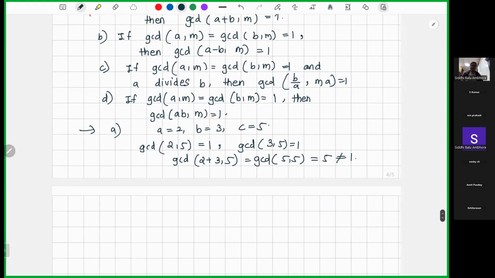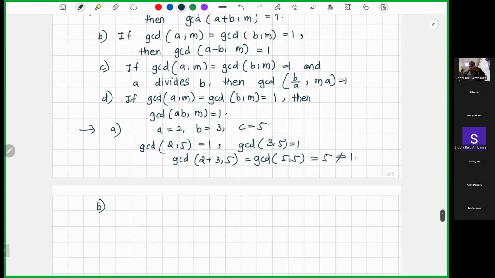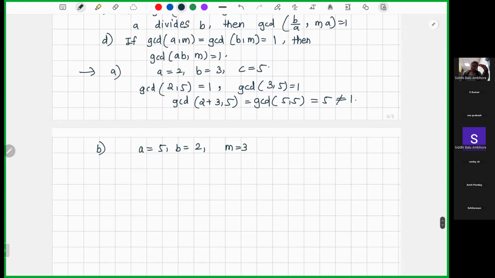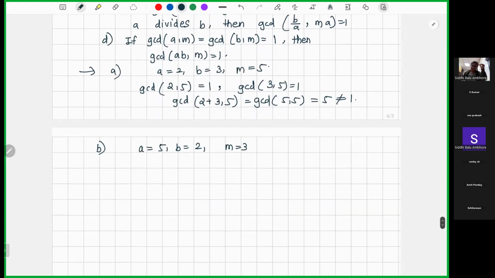And for A minus B, we can do the same, right? We just have to choose A, B, and M smartly. We can choose A to be 5, B to be 2, and M to be 3. Then GCD of 5 comma 3 is 1, GCD of 2 comma 3 is 1.